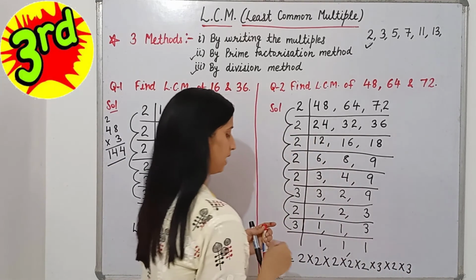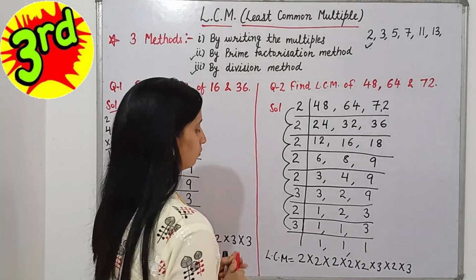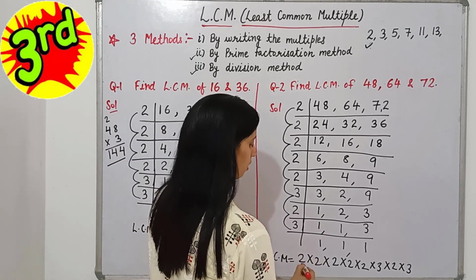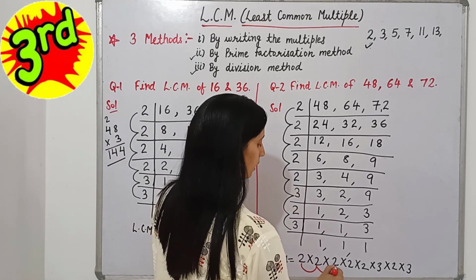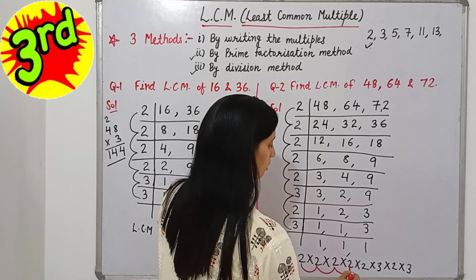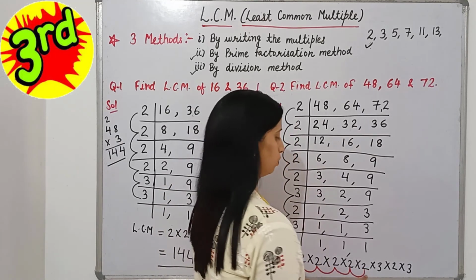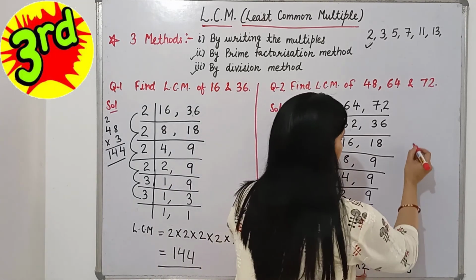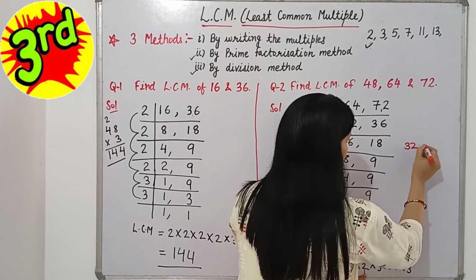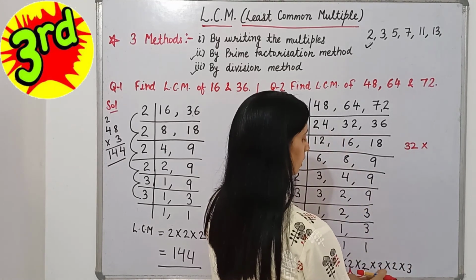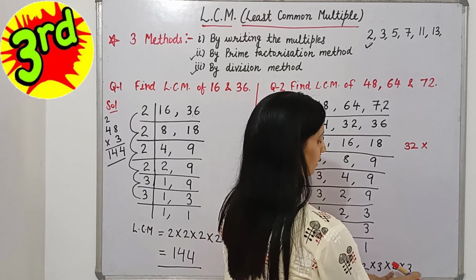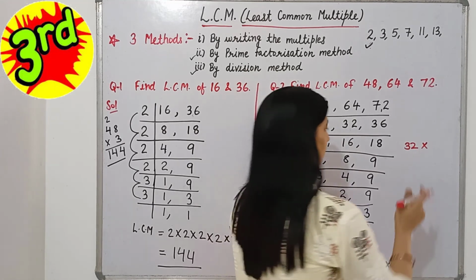Now let's multiply these. 2 2s are 4. 4 2s are 8. 8 2s are 16. 16 2s are 32. Okay, so let's write 32 here. Multiplied by 3 2s are 6 and 6 3s are 18.